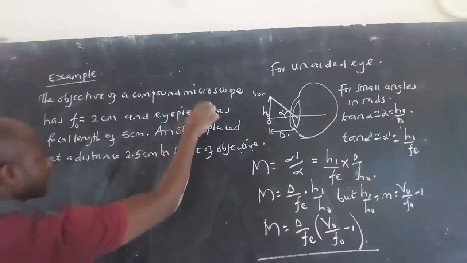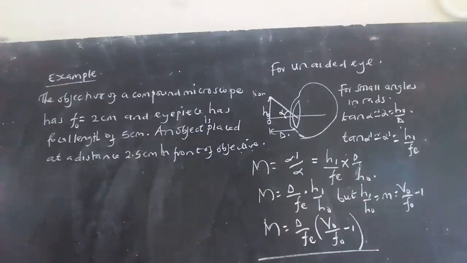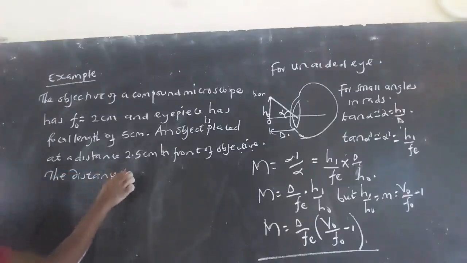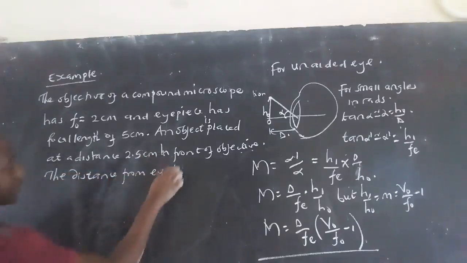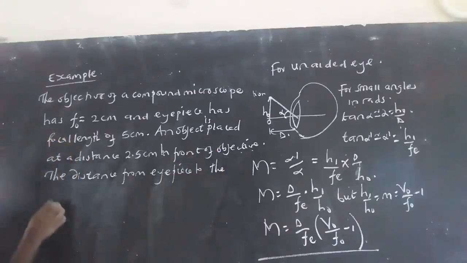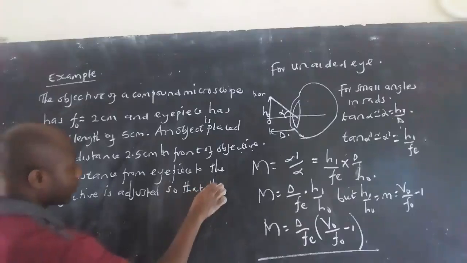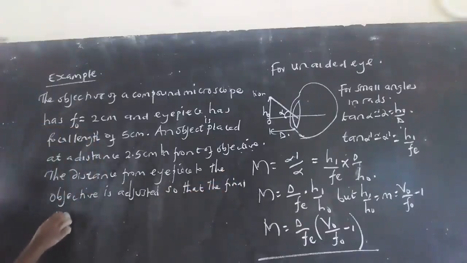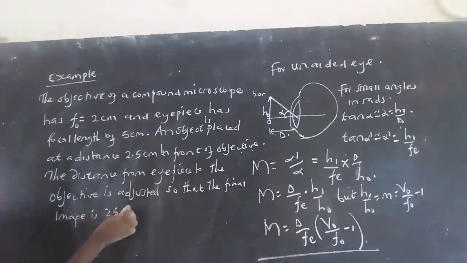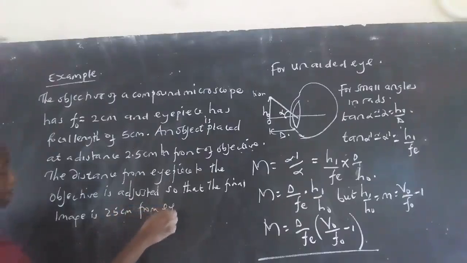The distance of the eyepiece from the objective is adjusted so that the final image is 25 centimeters in front of the eyepiece. Then you can say find the distance between the lenses and the magnifying power.